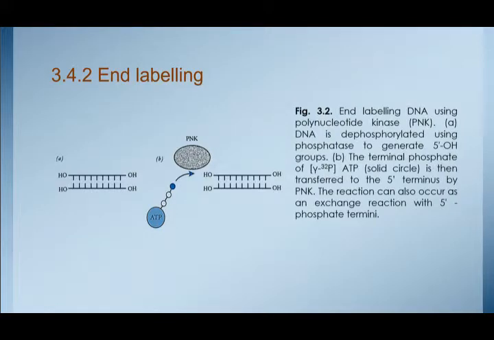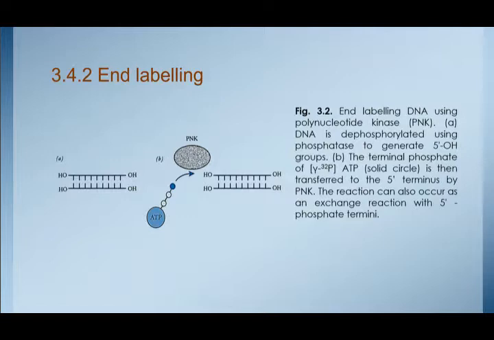End labeling. In the end labeling technique, the enzyme polynucleotide kinase is used to transfer the terminal phosphate group of ATP onto 5' hydroxyl termini of nucleic acid molecules. If the ATP donor is radioactively labeled, this produces a labeled nucleic acid of relatively low specific activity, as only the termini of each molecule become radioactive.